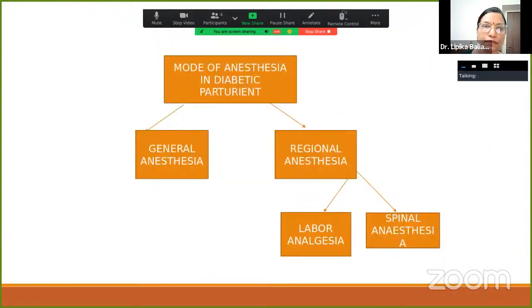So how do we choose the mode of anesthesia in diabetic parturients in such a setup? When do we go for general anesthesia and when do we go for regional anesthesia? In regional anesthesia, in obstetric cases, we provide labor analgesia and we provide spinal anesthesia for cesarean section.